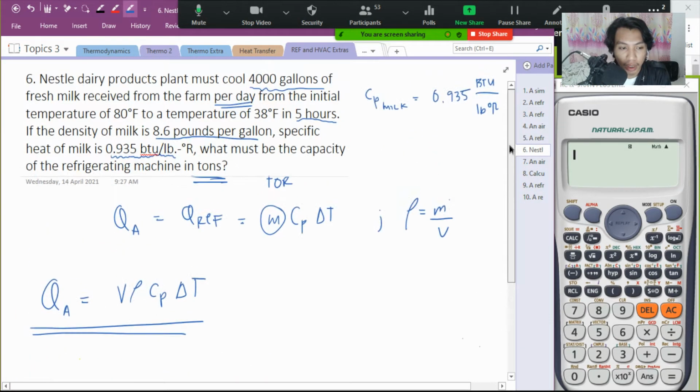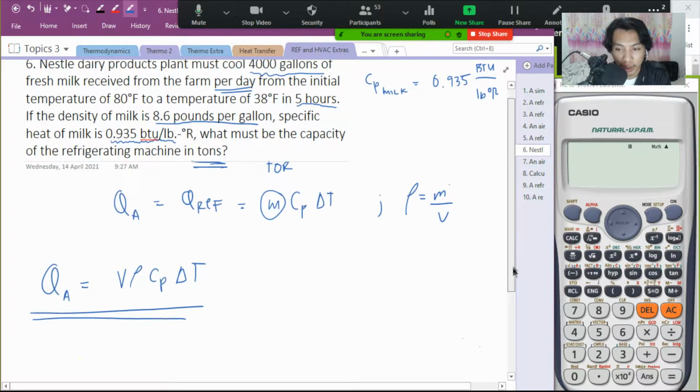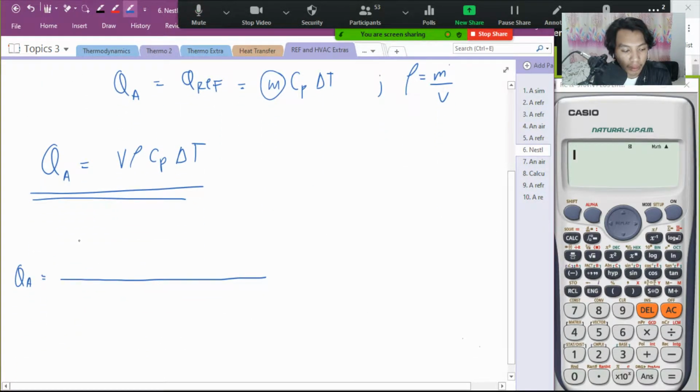So, volume, 4,000 gallons. Then how many hours is that? 5 hours, times 3,600 seconds per 1 hour.